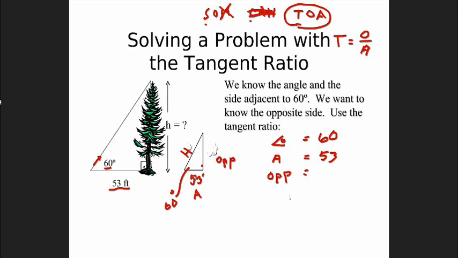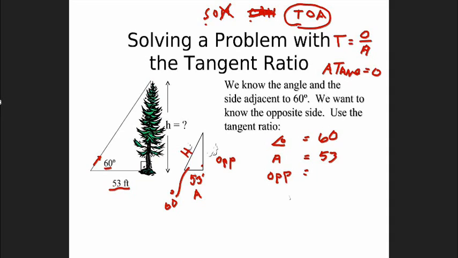So I'm going to cross multiply to solve this. I end up with A, and I'm going to write the whole thing out now, times the tangent of the angle. Remember, the tangent of the angle is a ratio from the other slides. Tangent of the angle is going to be equal to the opposite. I'm just going to put O because I'm running out of space.